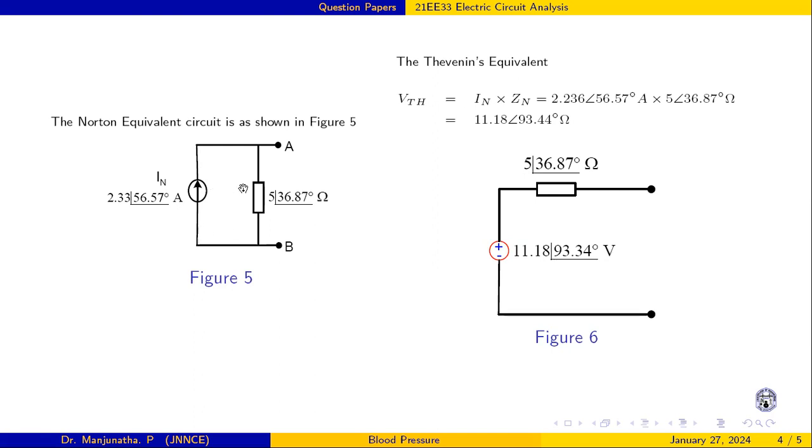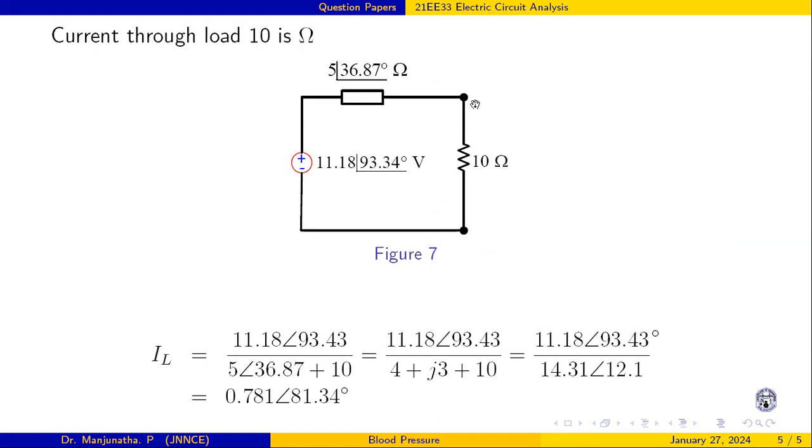First I determined the Norton current, then the Thevenin voltage is IN into Zn. IN into Zn is this one. So 11.18 is the voltage, and this impedance will come in series. So now the first step is over, replacing the given circuit with Norton and Thevenin equivalents. The last step is determining the current when the 10 ohm is connected here.